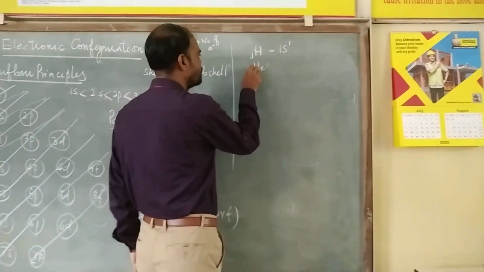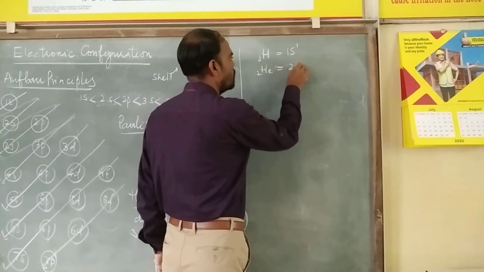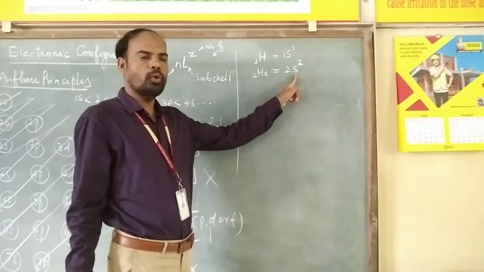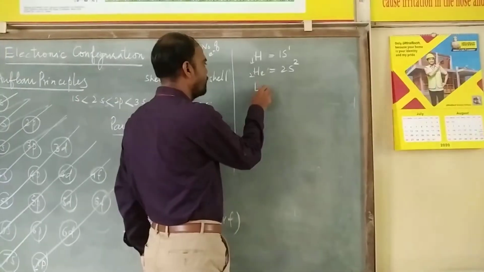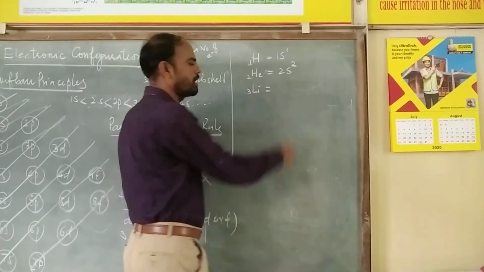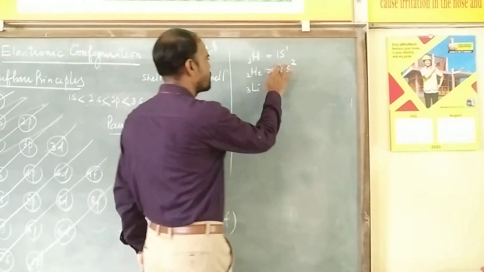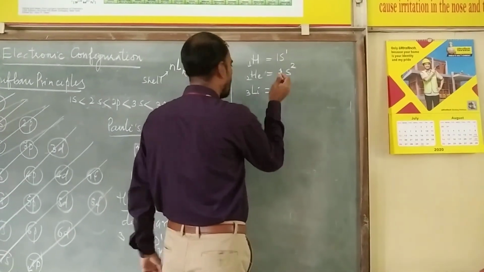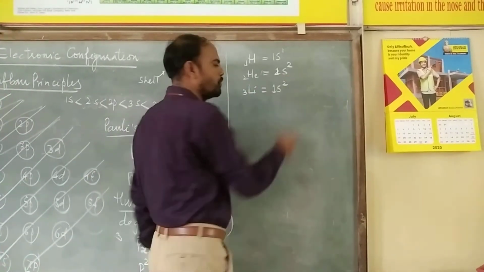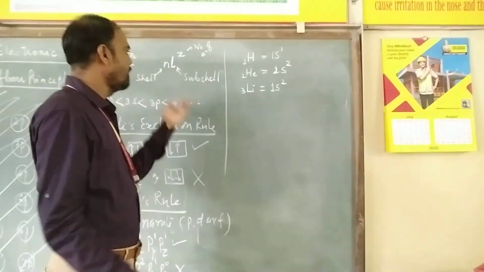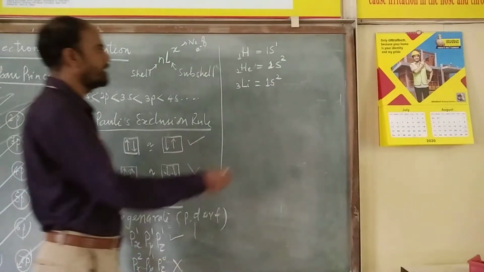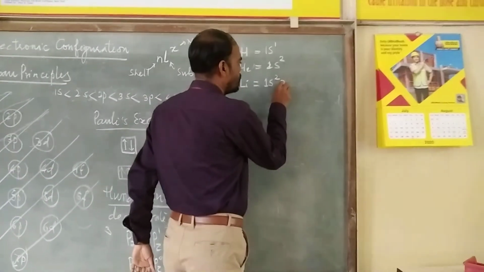Then helium with 2 electrons: 1s2. The maximum accommodation capacity is now over, so for lithium, 1s2 comes first, as 2 electrons are already filled. Now the third electron will go into the next higher orbital, that is 2s.